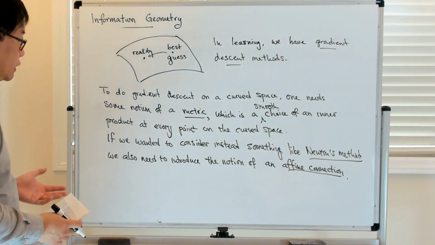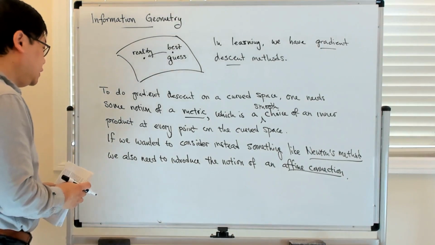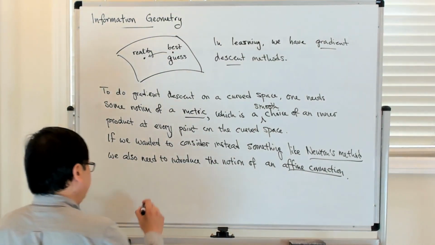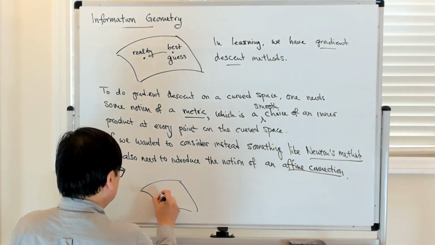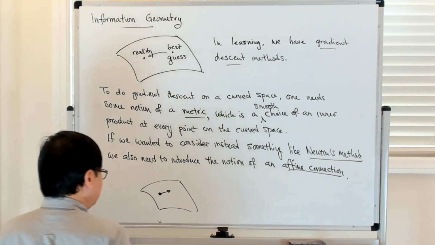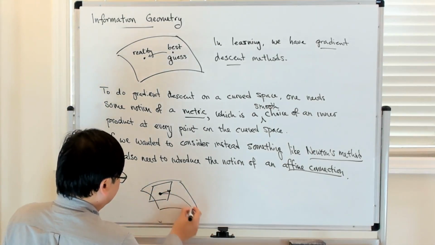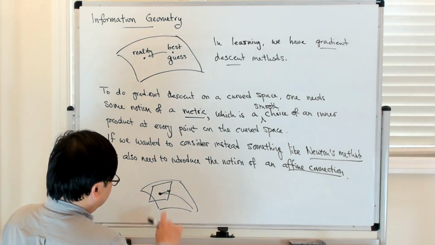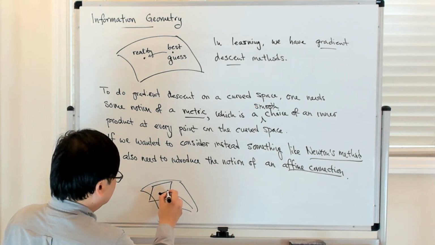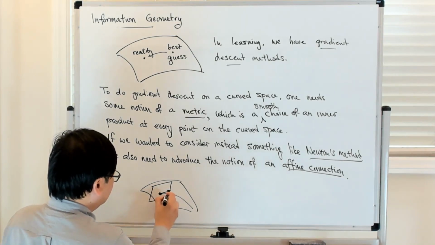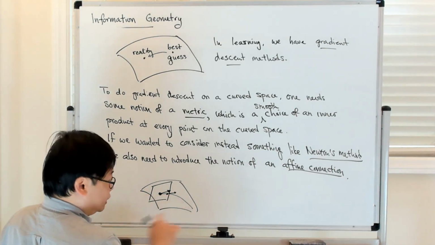At its essence, it allows you to talk about covariant derivatives, but perhaps more intuitively it allows you to do the following. Again, you have some curved space, and imagine that you have a tangent vector at a point on that curved space, and a curve along it. Along this curve, you would like to be able to say that this tangent vector at this point is somehow equivalent to the tangent vector at a nearby point along the curve.